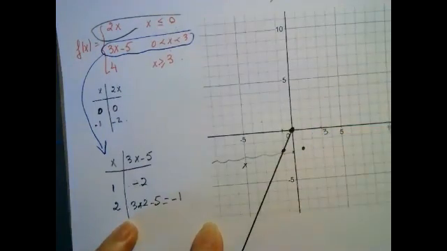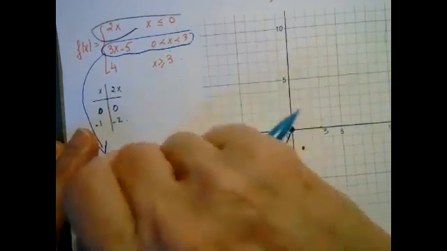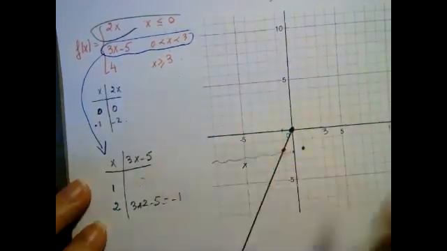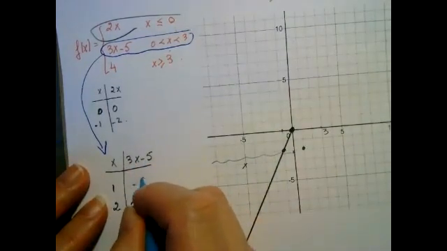What am I doing wrong? 6 minus 5 would be just a 1. Sorry, my mind went blank at this stage. 3 minus 5, that's going to be a -2.